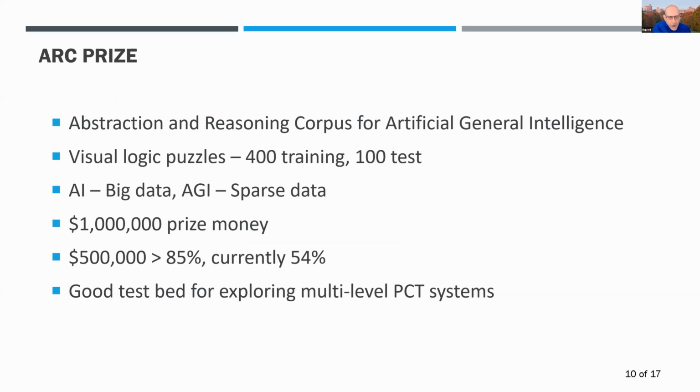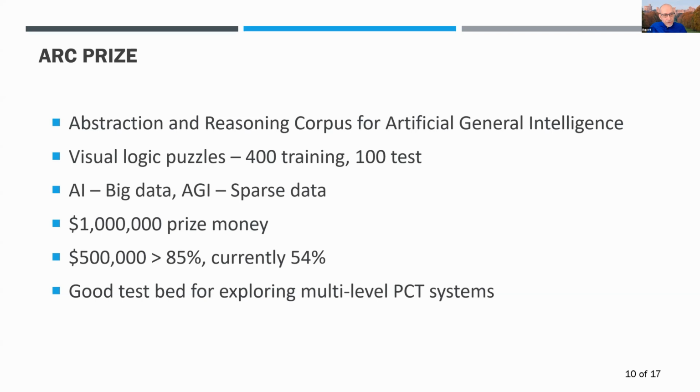But generative AI requires enormous amounts of data to learn any patterns. So generative AI is very bad at solving these visual logic puzzles, which humans are very good at. If you're interested in the money, there's big prize money involved.